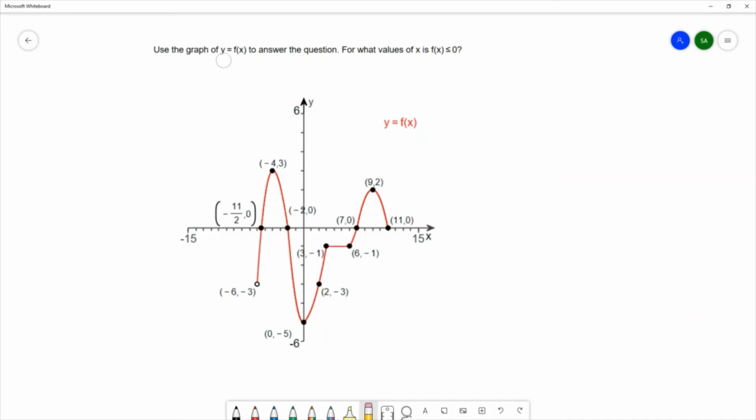Use the graph y equals f of x to answer the question. For what values of x is f of x less than or equal to 0? And we're given this graph in red is the graph of f of x.